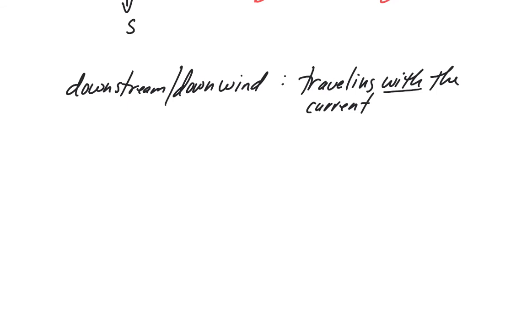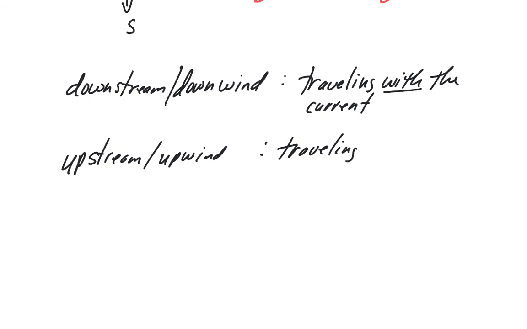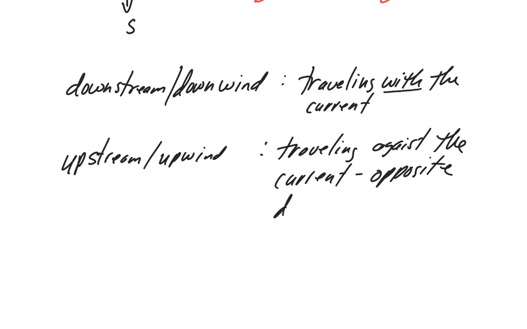It's in the same direction as the current. If we say that the boat is going upstream or the plane is going upwind, then we know that the object is traveling against the current, in the opposite direction. So it's the opposite direction of the current.